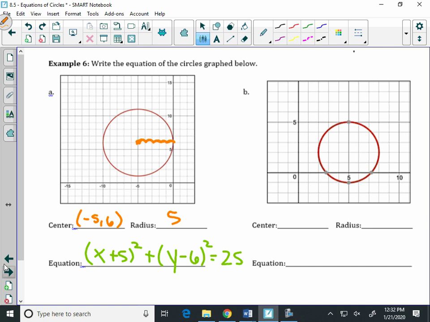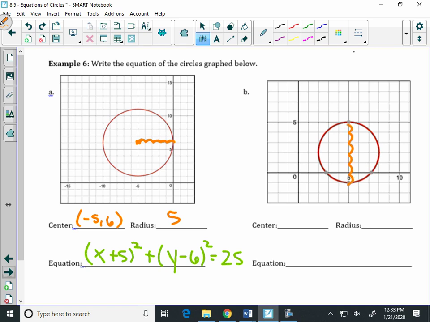What do you think we can do? Yeah, very good. We count all the way across, which is what we call the what? The diameter. What do we know about the radius compared to the diameter? Half of it.